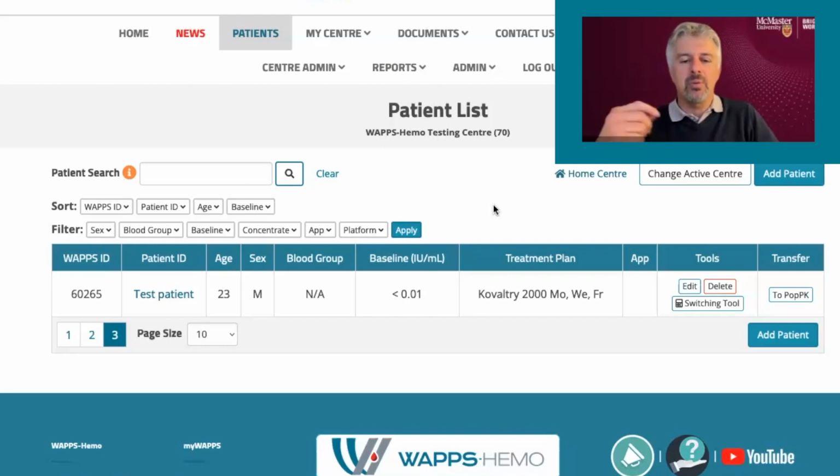So the patient can, by inputting their infusion, see their predicted concentration at any moment and get a sense of their safety, their protection during the day. And we have also seen that if patients do so, when they meet their doctor again, they can review together all the data on bleeds and treatment that they would have entered in the system.